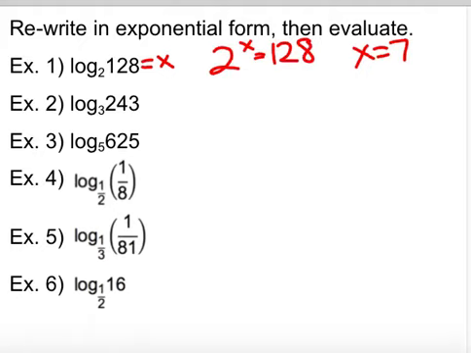Next one, log base 3 of 243. Write down example number 2, log base 3, 243. Give you some time to write that down. Remember, the first step is to set that equal to x. So then on your paper, you're going to write 3 to the x equals 243.